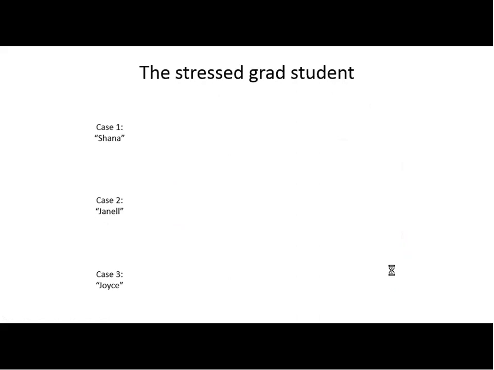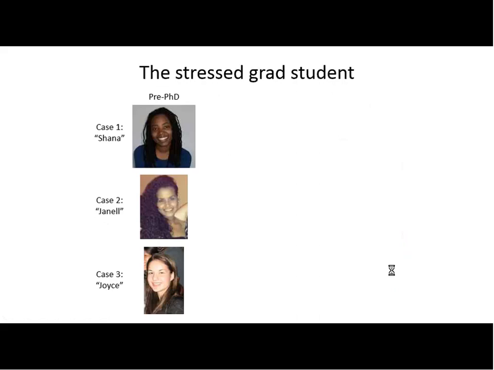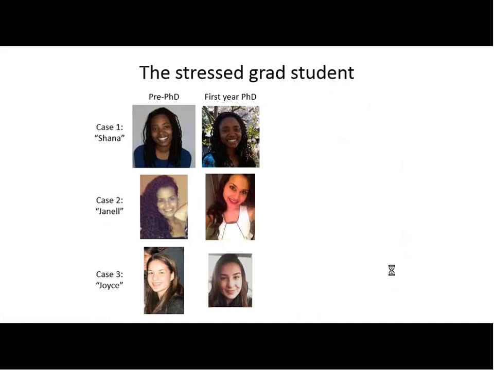So in our lab, we have a model called the stressed grad student. I have three cases to show you: Shayna, Janelle, and Joyce. Prior to the PhD, this is what they all looked like, happy people. Here, in the PhD, things are getting tough, but these are resilient, bright women who adapt very well, and they're doing fine still.